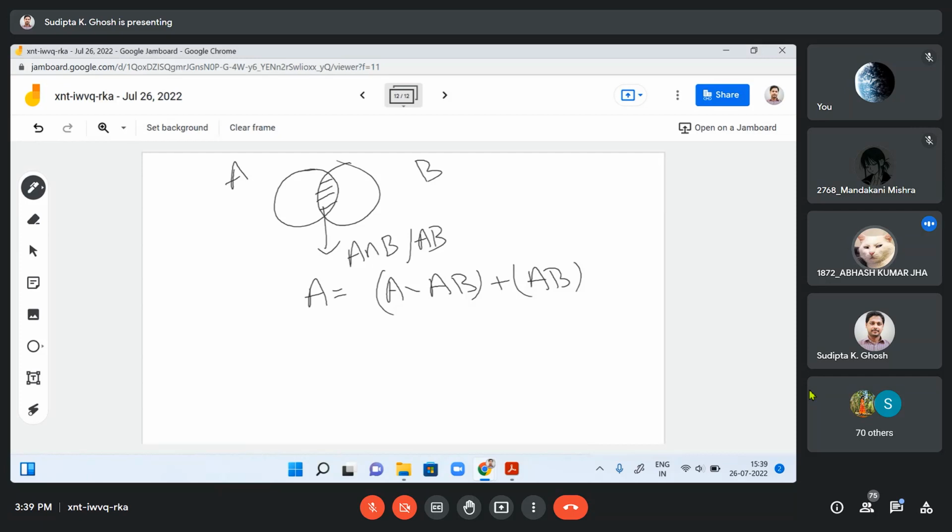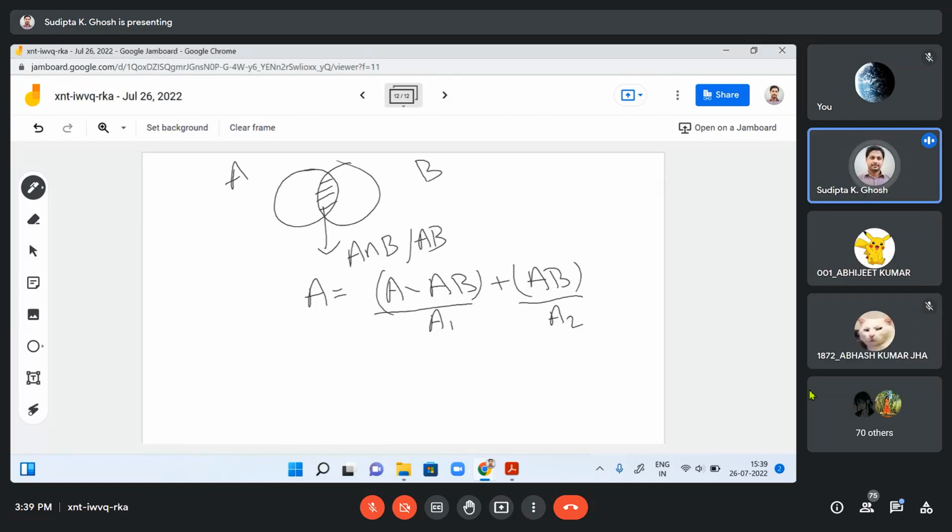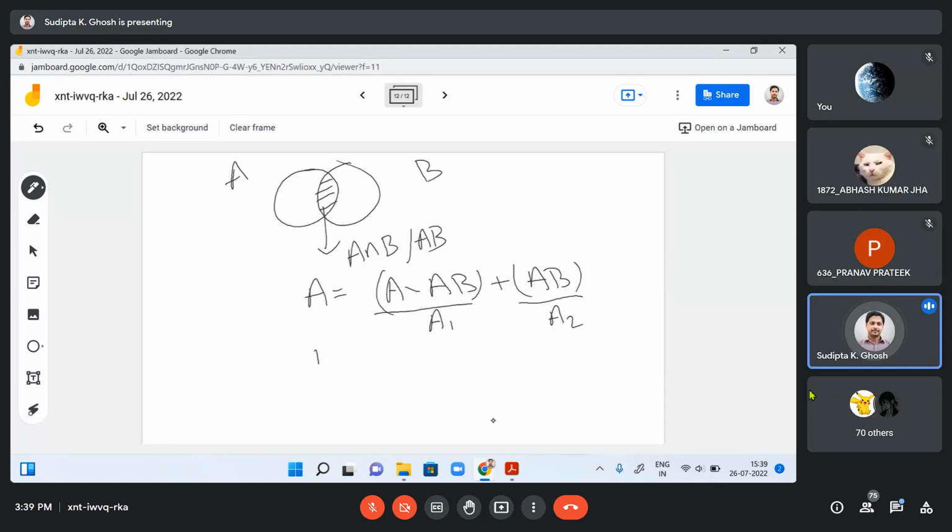Now I am considering this is my A1 and this is my A2. Can I say A1 and A2 are disjoint events? Exactly. So probability of A, that means probability of A1 union A2, by axiom number 3, is probability of A minus AB plus probability of AB.